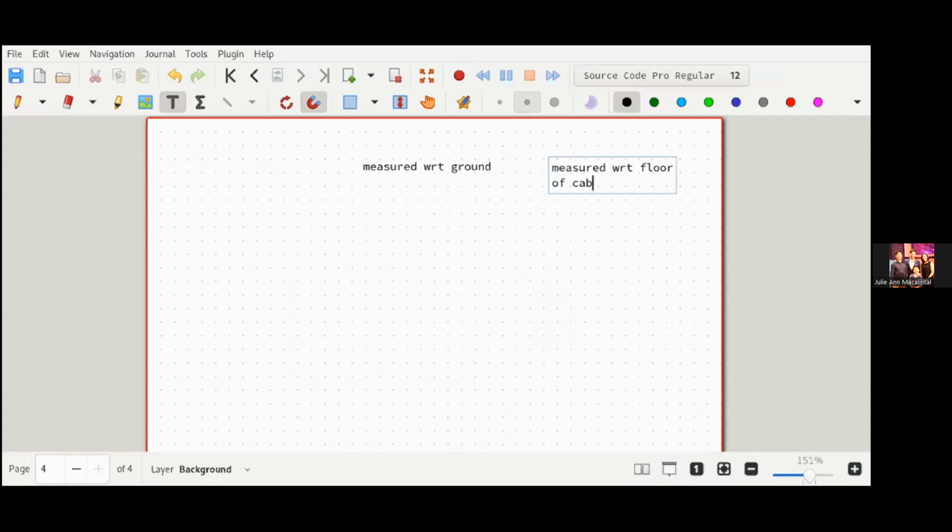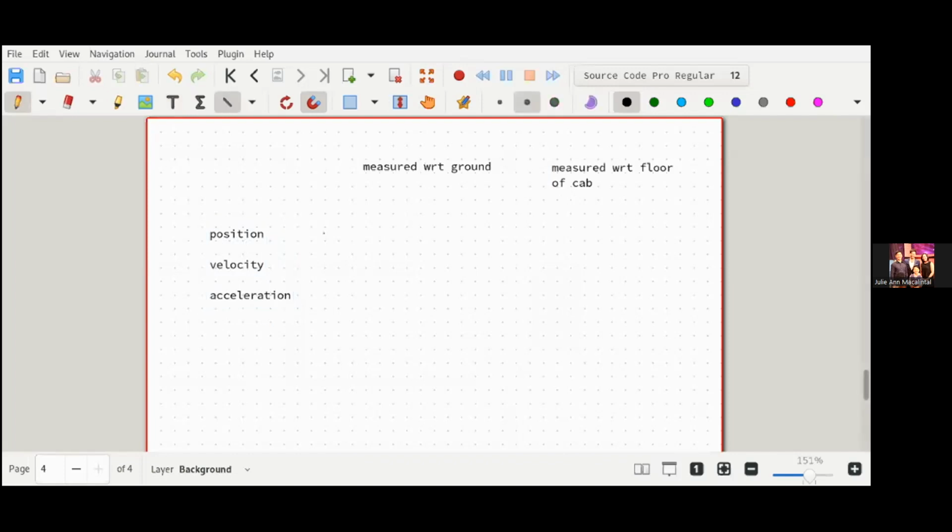So, that's two reference frames. Then here, position, velocity, acceleration. And then, what are the corresponding symbols?